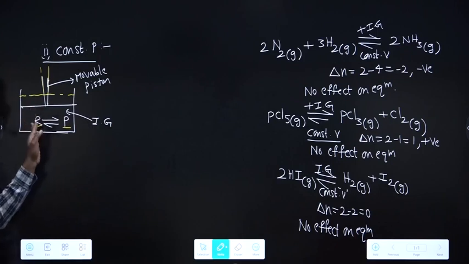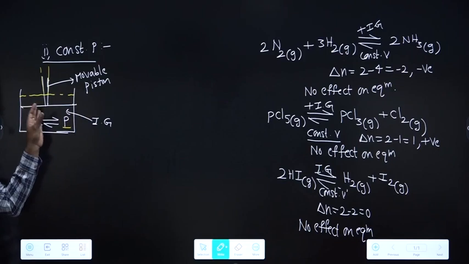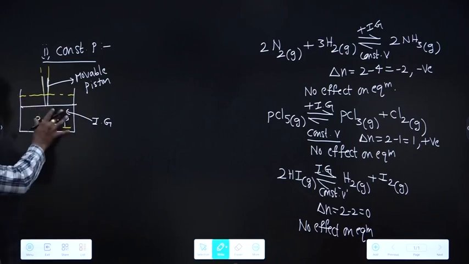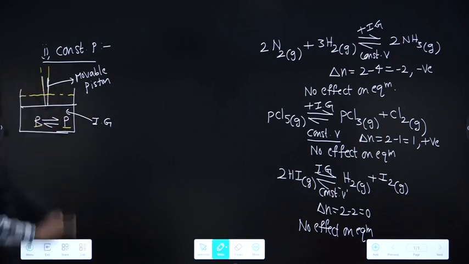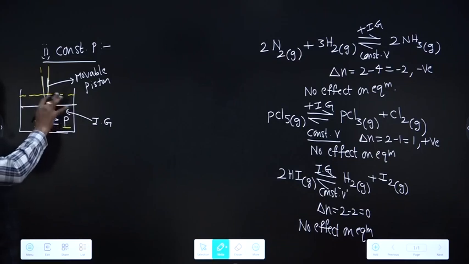So no change in the number of moles of reactants or products, but volume is increased. So number of moles per unit volume increases or decreases? Decreases. Right?